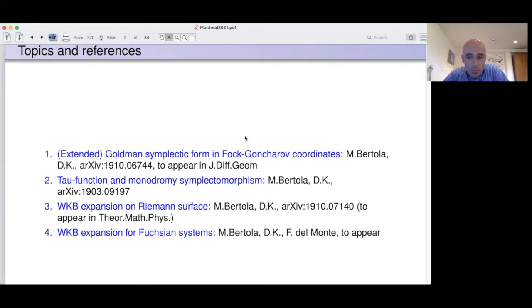These are Fock-Goncharov coordinates. In 2×2, we also have Fenchel-Nielsen, but Fock-Goncharov are far superior in various respects. So the question is how to write the symplectic form in these coordinates. This is a technicality, and we need it because we want to integrate the Goldman symplectic form, and for that we need to find some symplectic potential.